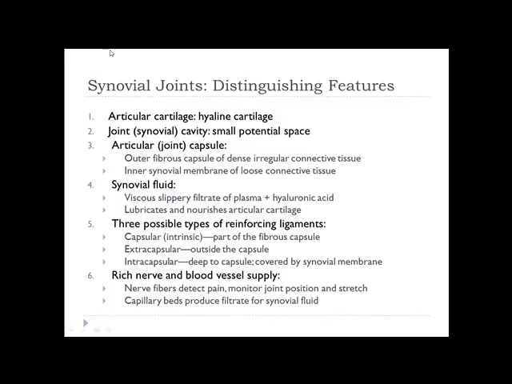Next one's going to be your synovial or joint cavity. That'll be the small open space. So in all of our freely movable joints, there's going to be an open space in between them, or a potential space. Next one's going to be a joint capsule.